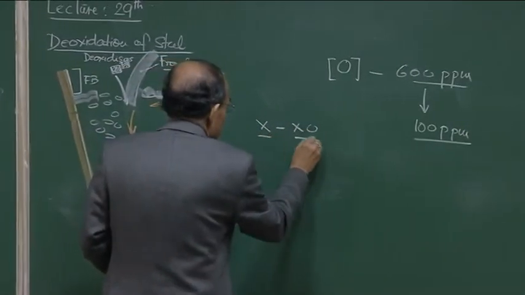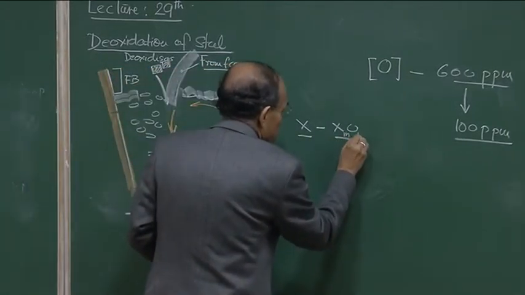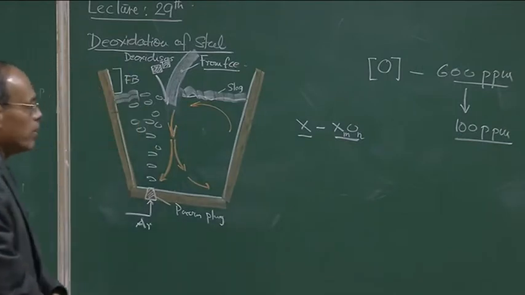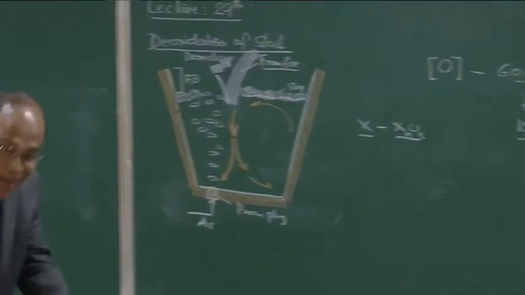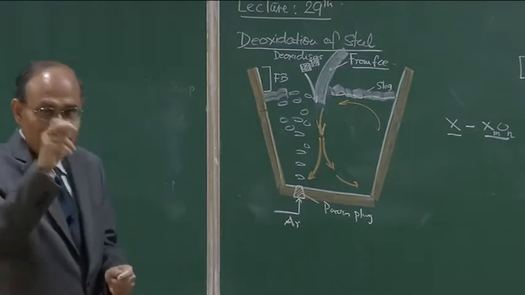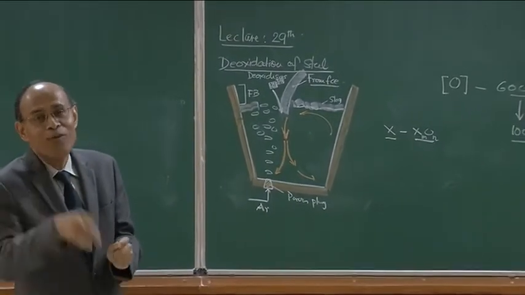X is any species, and the oxide line essentially I would say XmOn, because the oxides could be Al2O3, FeO, Fe2O3, and m and n could be different from oxide to oxide. So, if the metal oxide line is lower in the Ellingham diagram, that element is suitable for deoxidizer, but that is only one requirement.